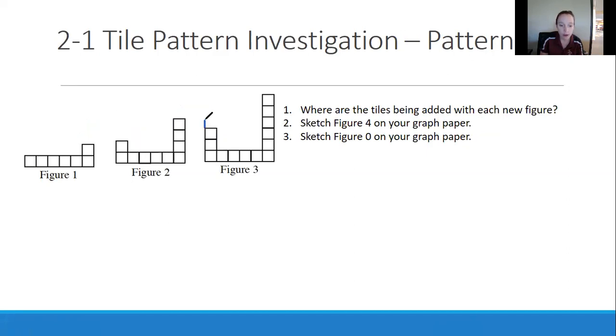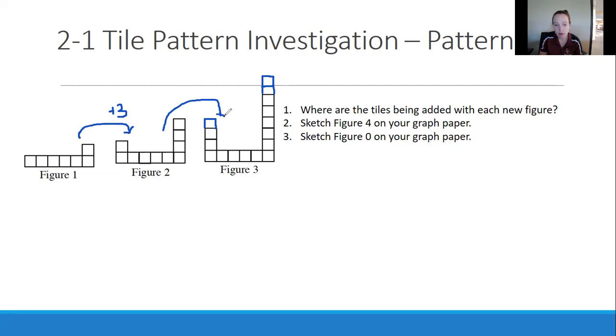So we know that we add 1 on the left, and we add 2 on the right. There it is. So your number 4 should look exactly like this, and label it figure 4. It looks exactly like that with all of those boxes there. Okay, pause your video and make sure that you have those figure 4s in your notes.